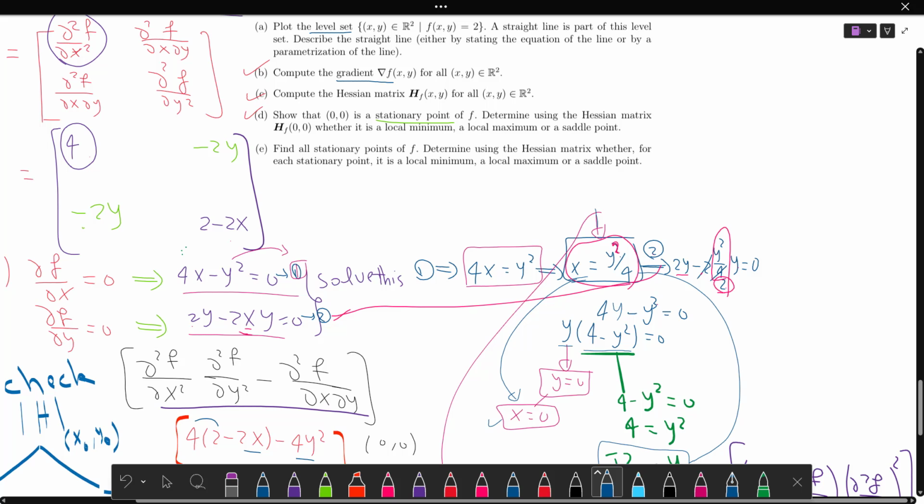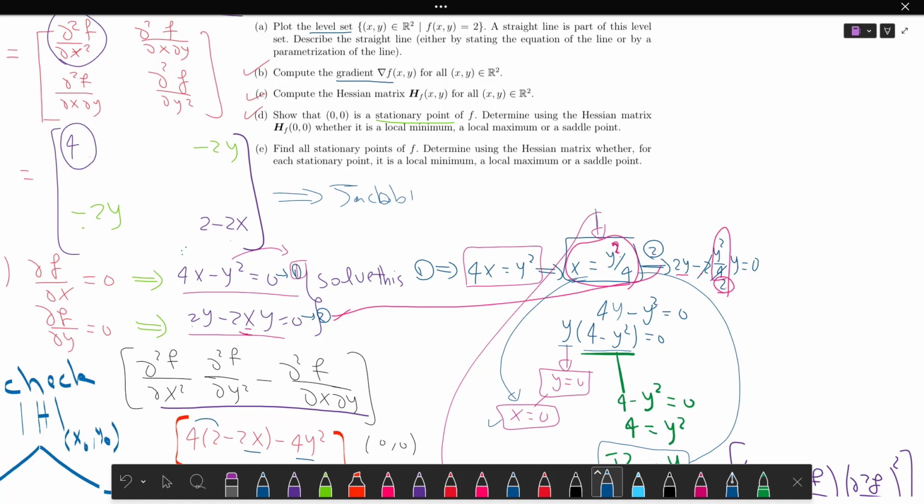This is the Hessian matrix. The Jacobian is the determinant of the Hessian matrix, so it is the determinant of 4, minus 2y, minus 2y, and here you have 2 minus 2x. How to find the determinant? Multiply this one by this one and subtract this one.